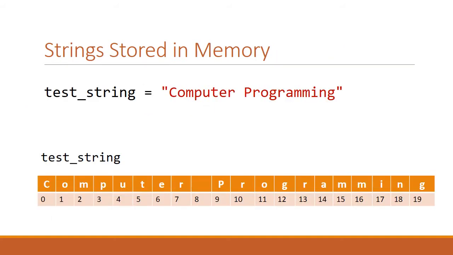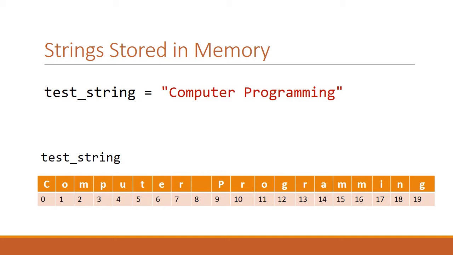Let's examine how a string is stored in memory. So we have a variable test string, and we assign it the string computer programming. And we look at how that's represented in memory. We can see that each character within the string is assigned a unique position in memory.